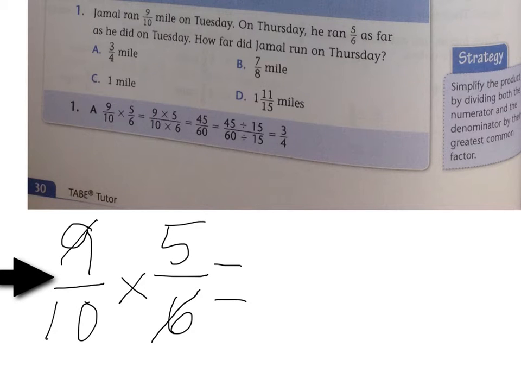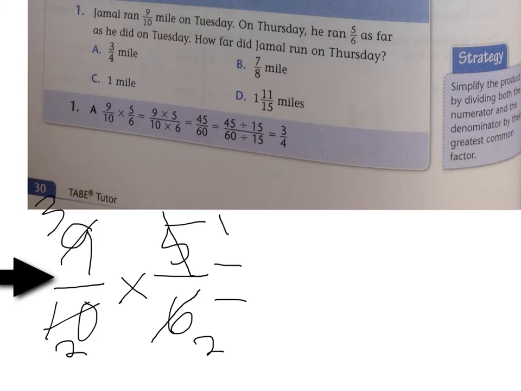So we know 6 will divide by 3 2 times and 9 will divide by 3 3 times. And then also we know that 5 and 10 will both divide by 5. So we can cross that out. We know that 5 will divide into 5 one time, and that 10 will divide by 5 2 times.